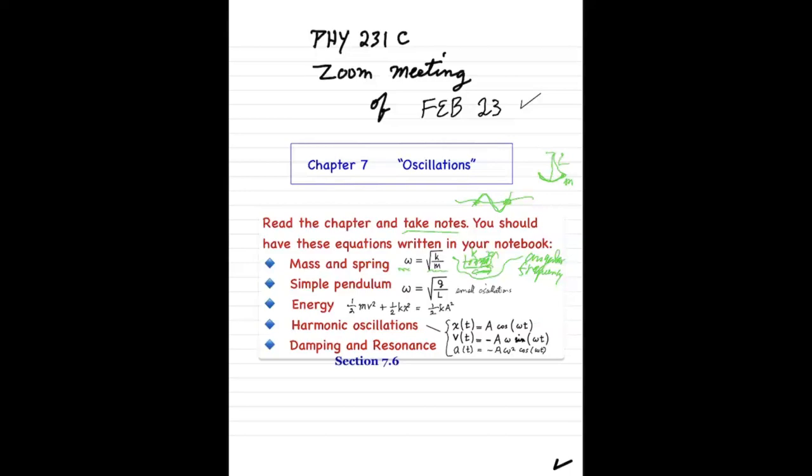And interestingly enough, it doesn't depend on the mass. Well, that's pretty much because the force is proportional to the mass, and the acceleration is the force divided by the mass. So when you calculate the acceleration, the mass cancels out. This is an approximation valid for small oscillations.